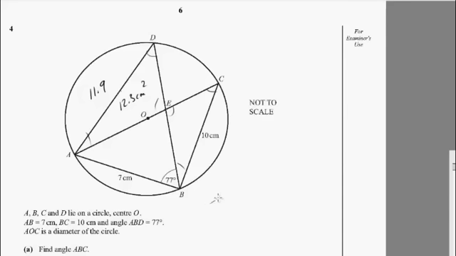So what I'm going to do is draw this in a way that will make it look a little bit more intuitive. So this is actually the situation we have, where this ADE is the bigger one.